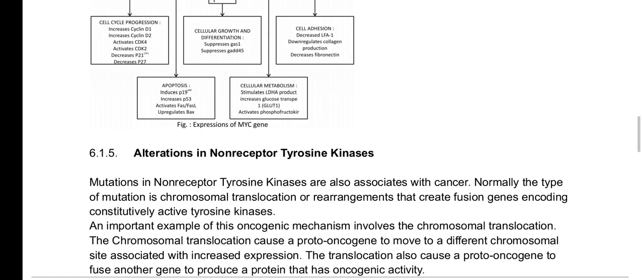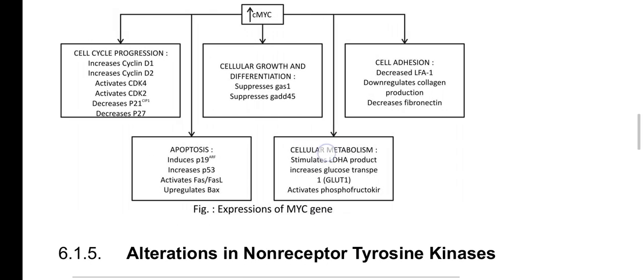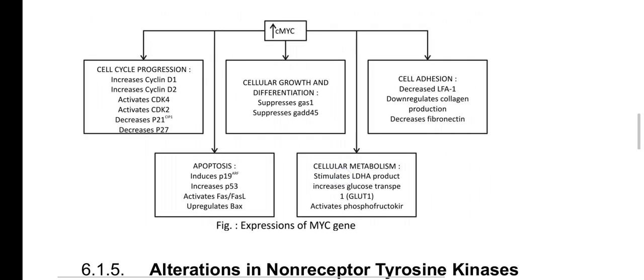So, the expression of MYC gene is shown. CMYC, cell cycle progression: increase cyclin D1, increase cyclin D2, activate CDK4, activate CDK2, decrease P21, decrease P27. Cellular growth and differentiation: suppress GAS1 and suppress GADD45. Then cell adhesion: decreased LFA1, downregulates collagen production, decrease fibronectin.